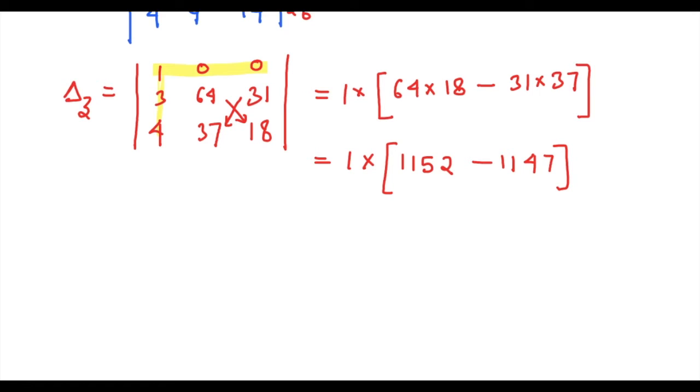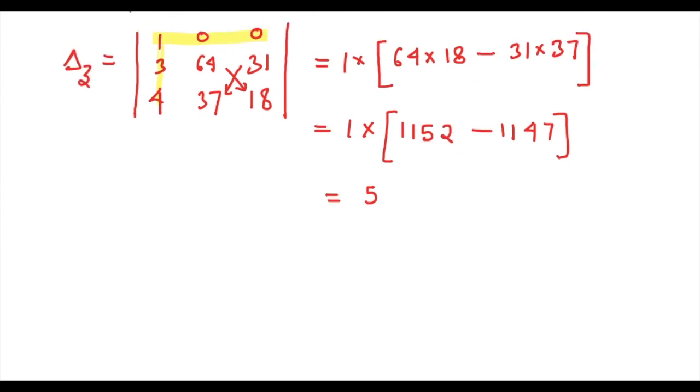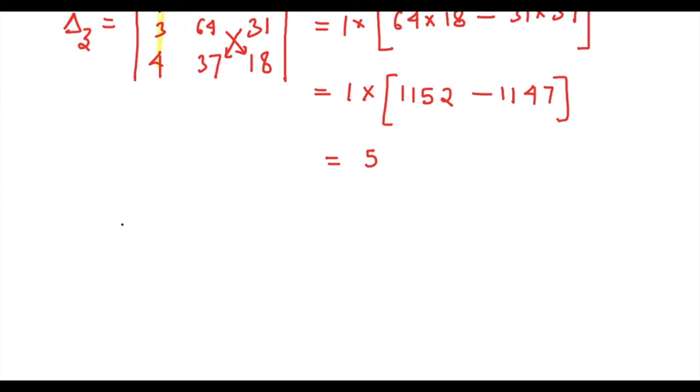Now finally I will get 5. Now the value of z will be del z upon del. Del z is 5 upon 5. Del is 5. You will get 1.